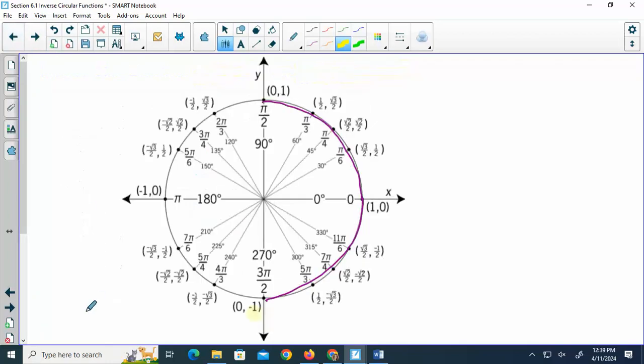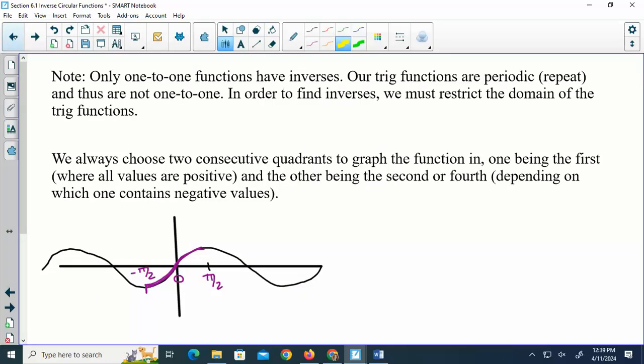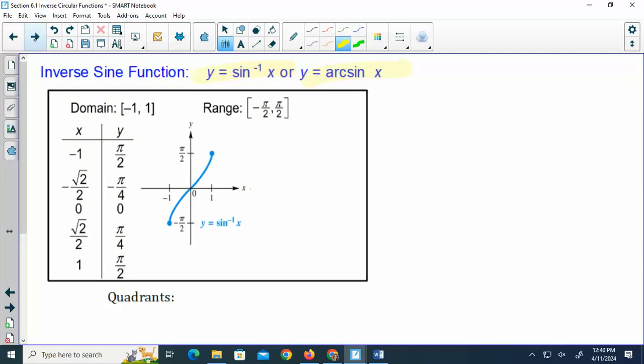When we are talking about inverse sine, okay, we need a positive and a negative quadrant. So we said we're going to go from negative pi over 2 to positive pi over 2. So that becomes the range of inverse sine.